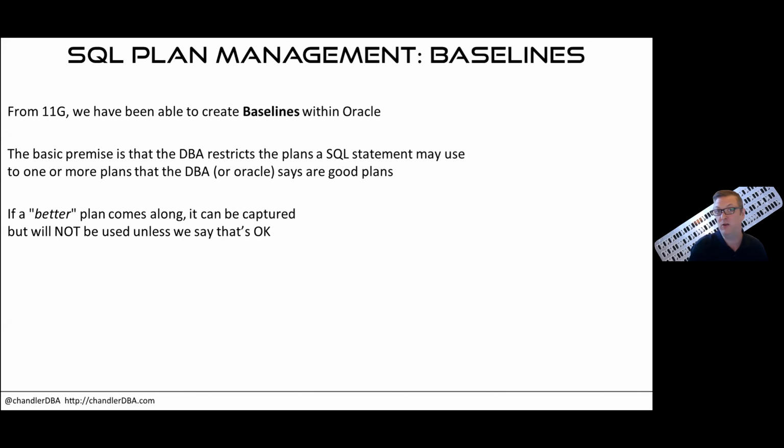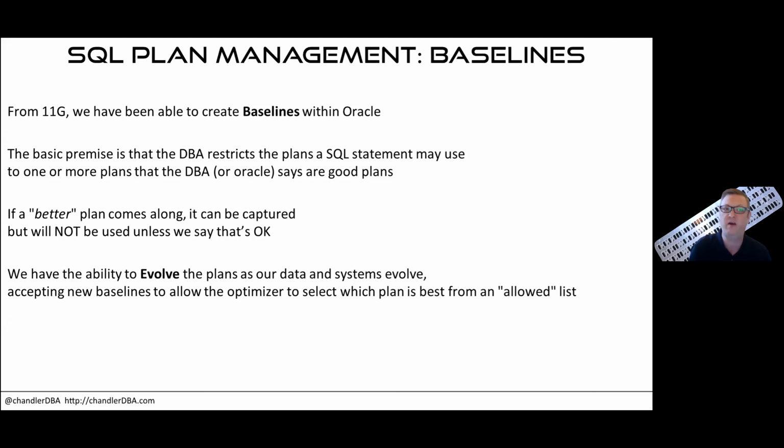And if a better plan comes along, it may be captured by the database, but it won't be used unless we say that's fine. And Oracle have provided a facility called evolve, which tells the database to go check out the baseline, test it fully, and evolve it if it's better so it can become allowed, so we get allowed to use that one for the SQL.